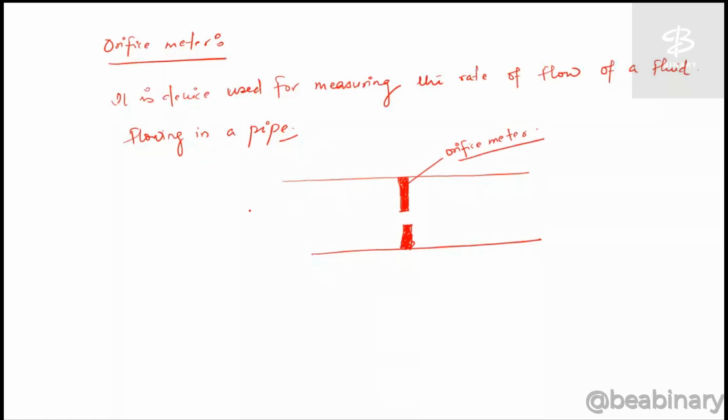This is the direction of the flow. When the fluid is flowing in this pipe, due to this diversion, this small opening, my fluid is flowing like this.